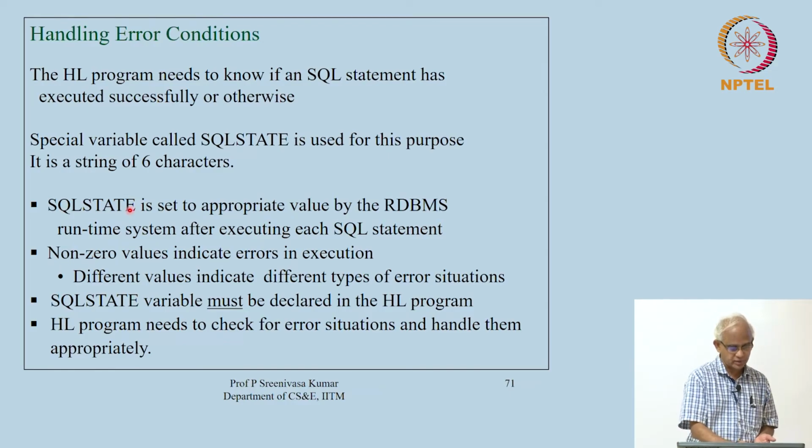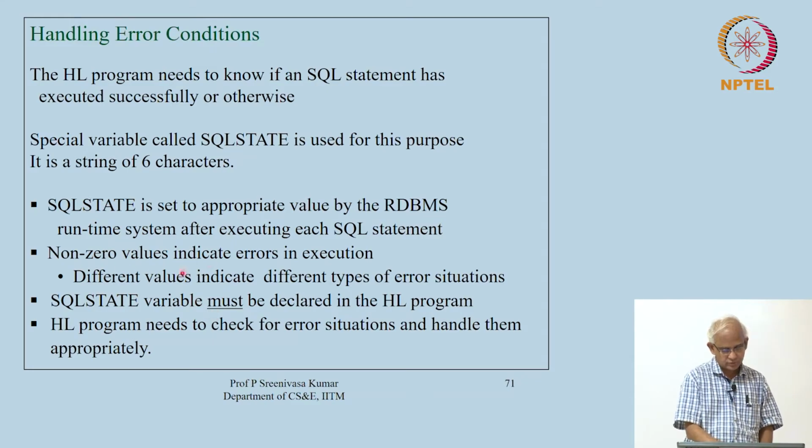This is part of the shared variables. So, in your program, after issuing each of these SQL commands, in the immediate next statement you must check the value of SQLSTATE. Is everything fine or is something wrong? If something is wrong, then you should program the appropriate sequence of actions based on that.